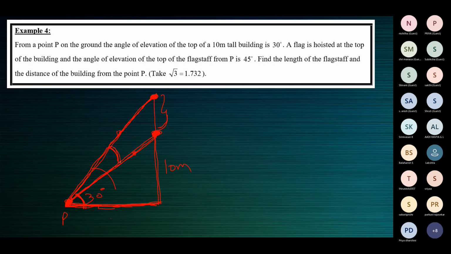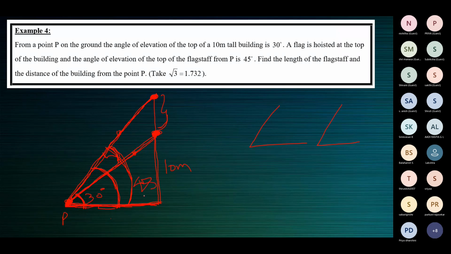Remember that angle of elevation and angle of depression are marked between a line of sight and the horizontal, not between some two lines like that. This one is 45 degrees, horizontal to line of sight.